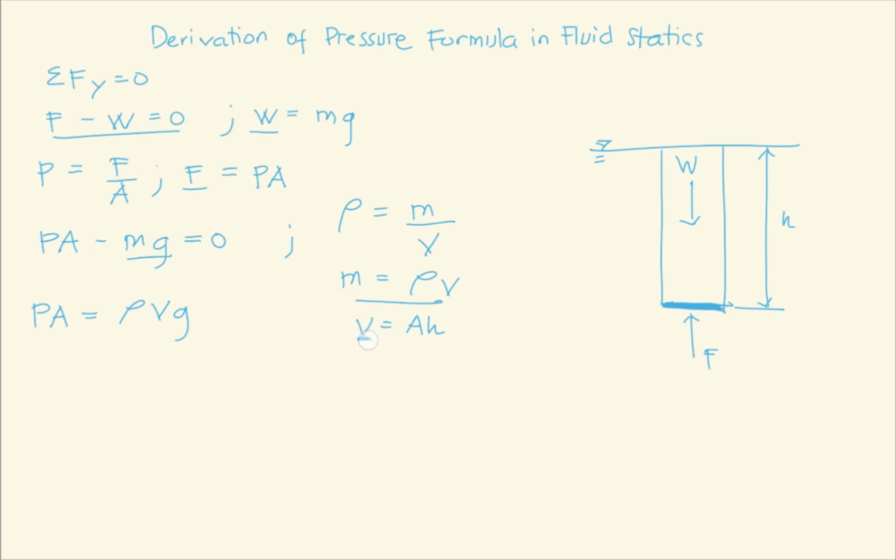Also, we substitute it here, so it then becomes PA equals density times area times h times g. Area will cancel out, hence pressure is equal to rho g h. So this is the magnitude of pressure at a certain depth h.